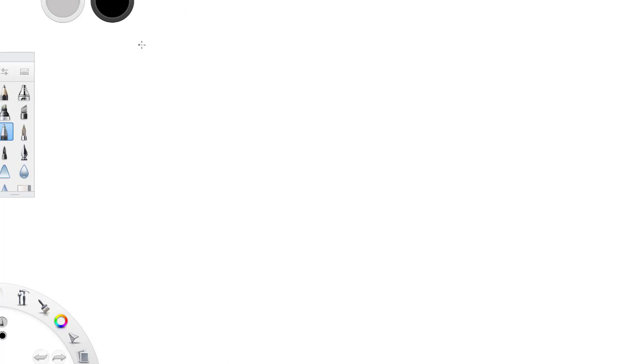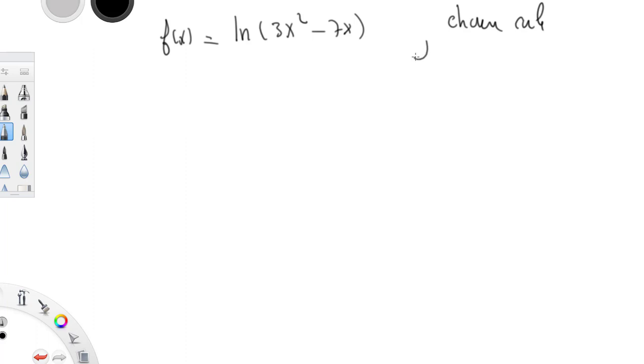Now, the logarithm and the exponential function. If you have f of x equal to ln of 3x squared minus 7x, we can apply the chain rule for the ln function. The chain rule says the derivative of ln of u is equal to 1 over u multiplied by u prime.